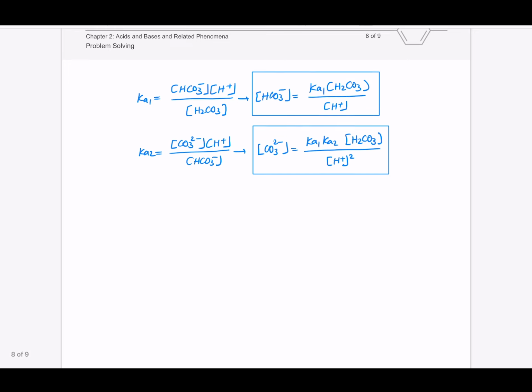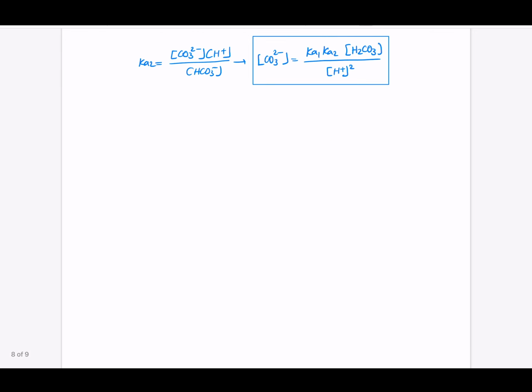So we can do the same thing for basically the H2S system. So HS minus, if we do that, HS minus similarly would be Ka1 of H2S times H2S that was previously calculated divided by H plus.